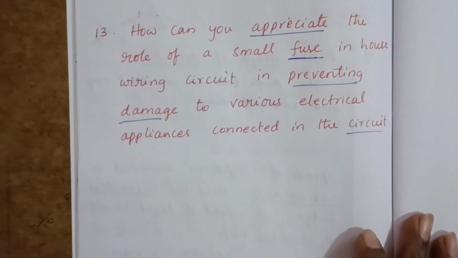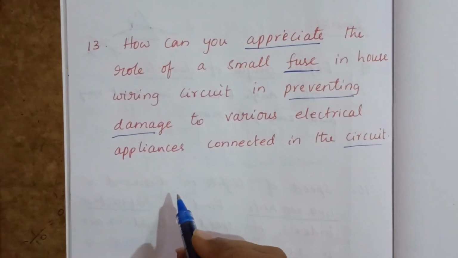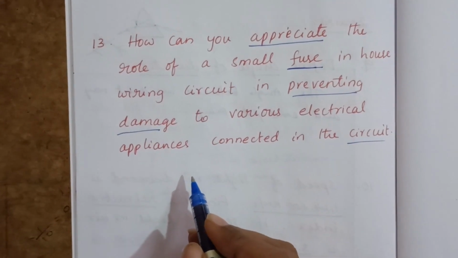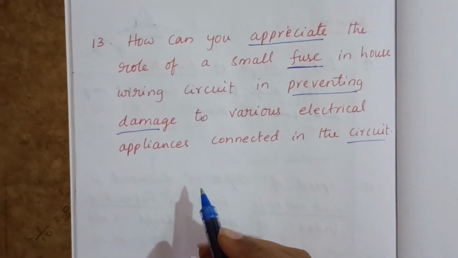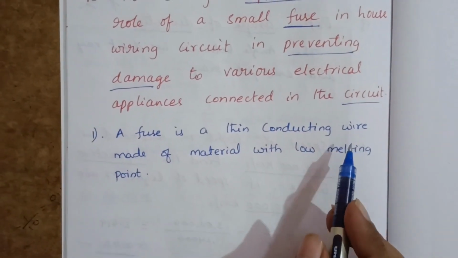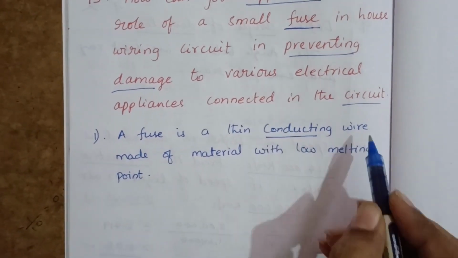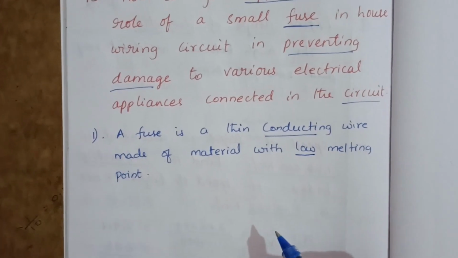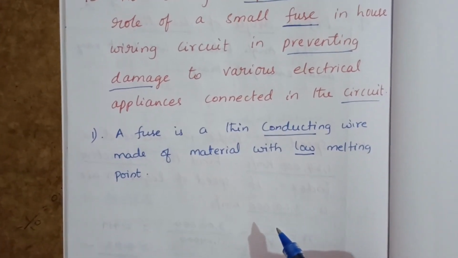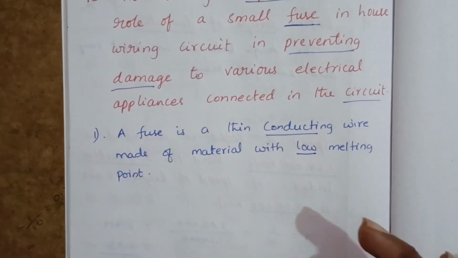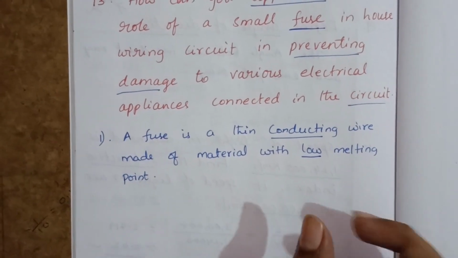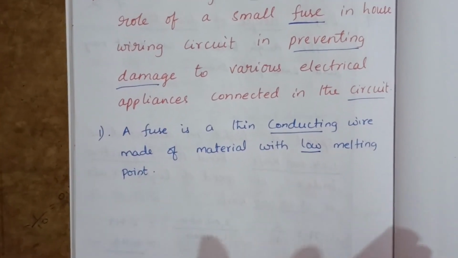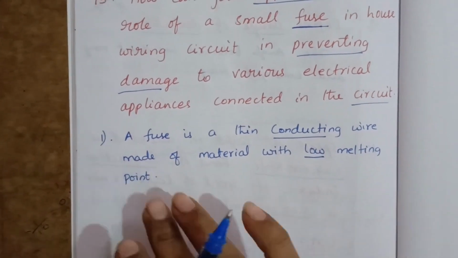Now, a fuse is a thin conducting wire made of a material with a low melting point. It is a conductor. Whenever more current comes and the wire gets heated, because it has a low melting point, it will melt easily and faster than the remaining wires.